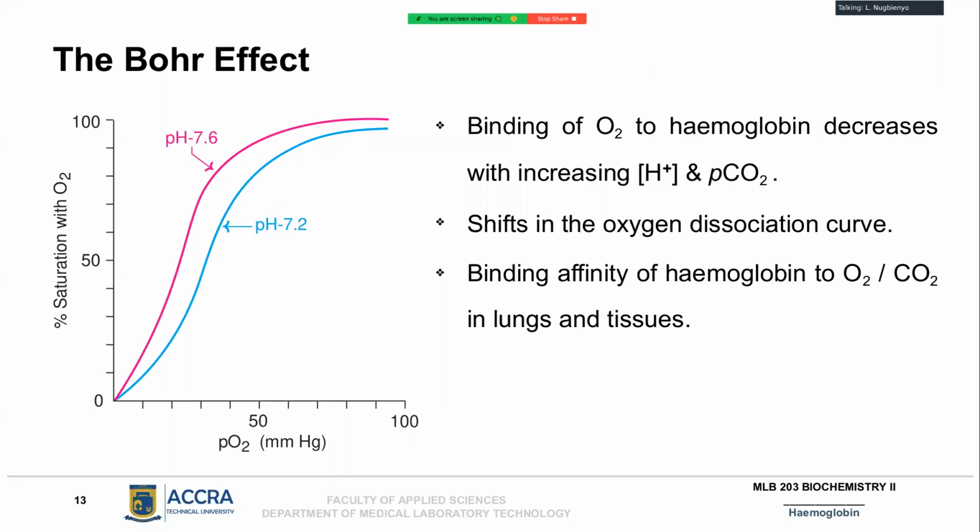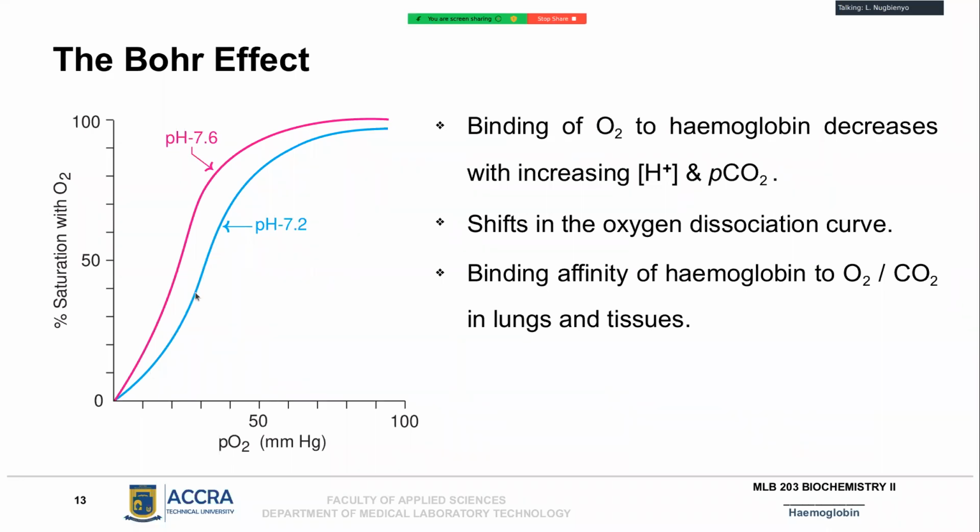So if the affinity of hemoglobin for oxygen reduces in the tissues, because the hemoglobin will have to release oxygen and pick up carbon dioxide or protons, then of course it will take a longer time.